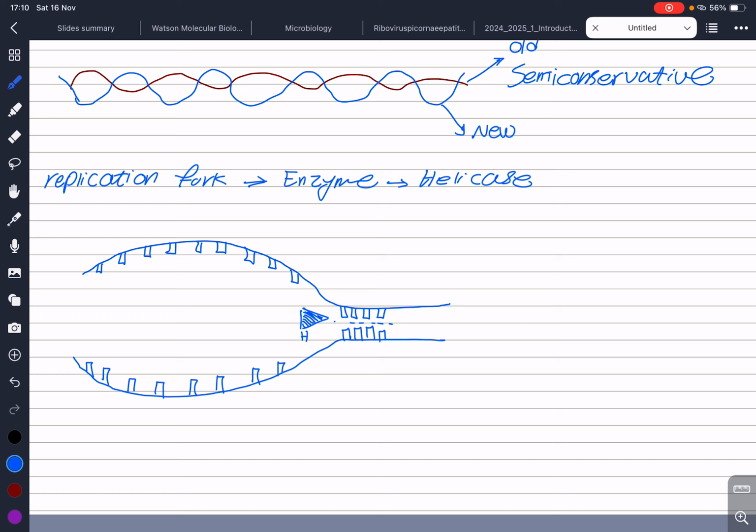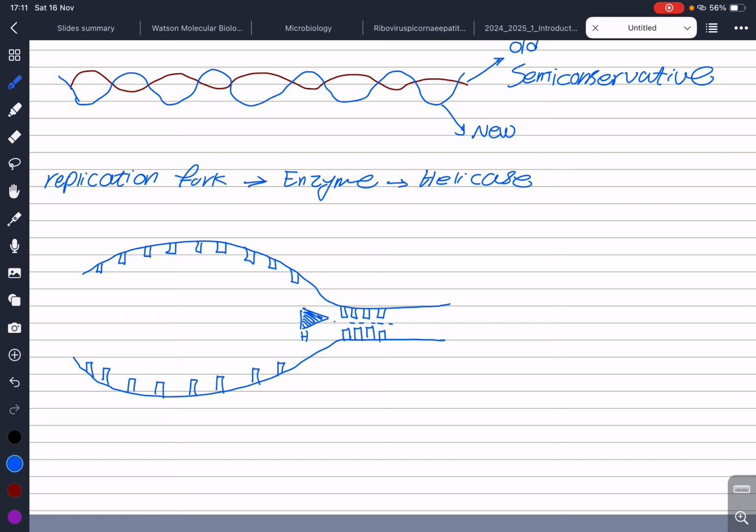It will make a kind of torsion, like the strand will be torsioned. So if the helicase wants to continue its way, it cannot pass anymore through the double strands to break the hydrogen bonds.